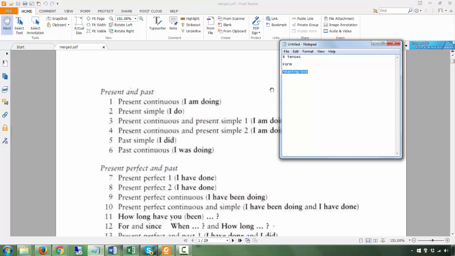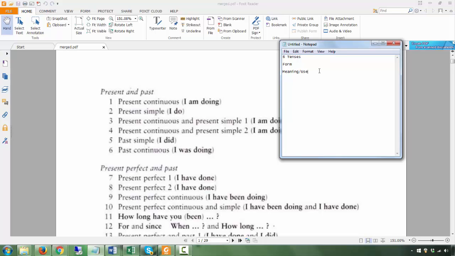I always ask my students, when they use the wrong tense, what tense are you using? Then they'll tell me the tense name. You guys should get to know the name of the tenses, at least these 6 tenses. But after they mention the name, I'll ask them, why do you use this tense?